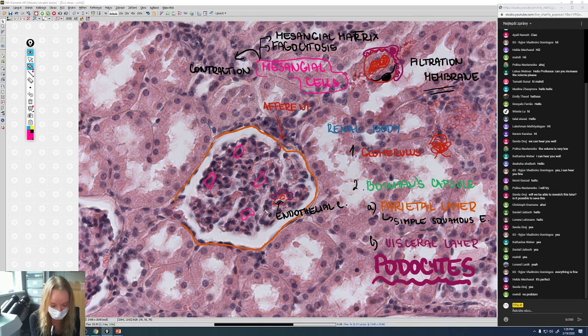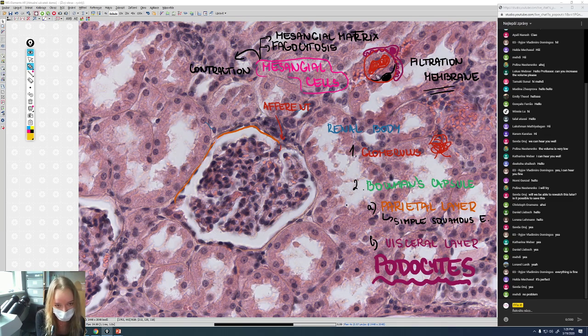But what's important for you right now is to distinguish the podocyte and endothelial cell and how it's working. So what's the purpose of all of this? You probably already know. The purpose is to create the primary urine, the primary filtrate.